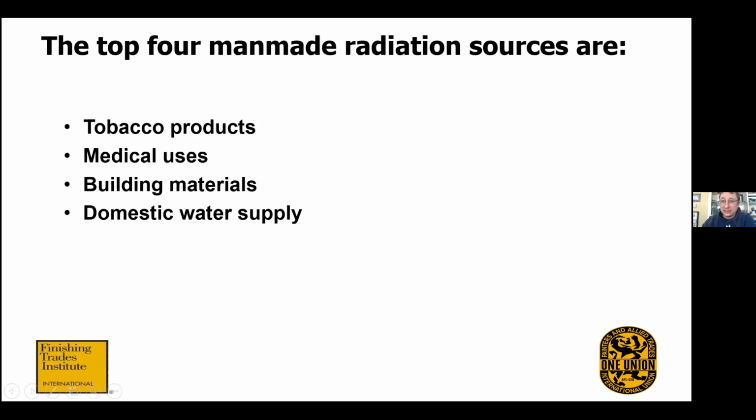Moving on from that very uplifting video. The four top man-made radiological sources are tobacco products, medical uses, building materials, and domestic water supply. So again, I had to test my basement air for radon, and then I also had to test my water. And again, it comes down to who's doing the test.